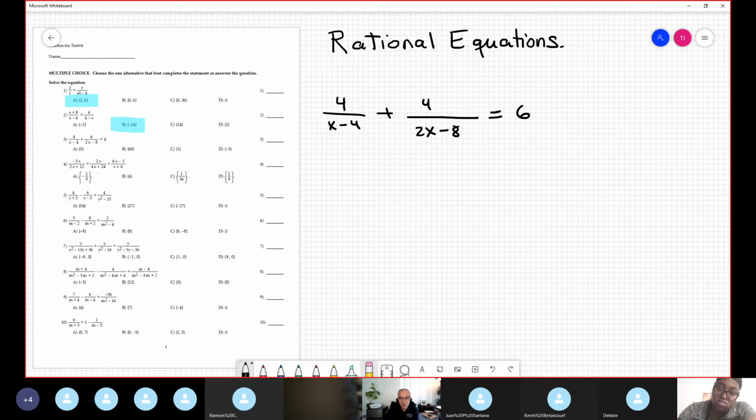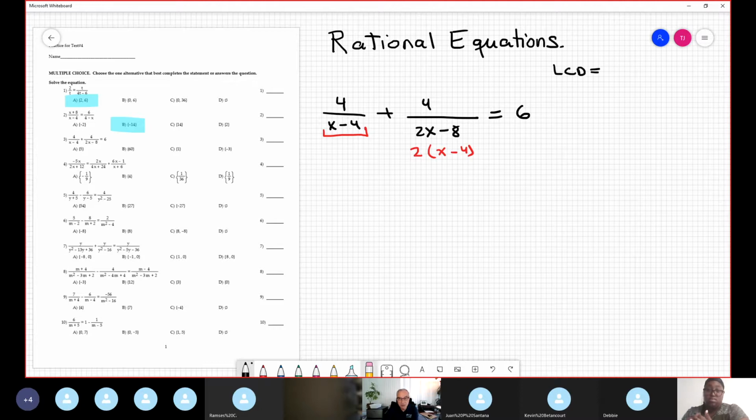Remember, step by step. Step number 1, factorization of any expression in the denominator. This is prime, no problem. This is prime, no problem. For this, no. I can see that the GCF is 2, times (x - 4). Now in this corner I write LCD.